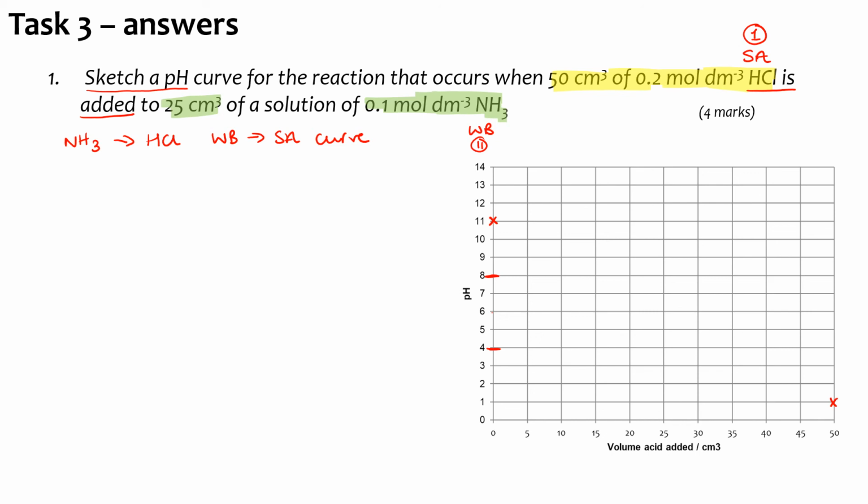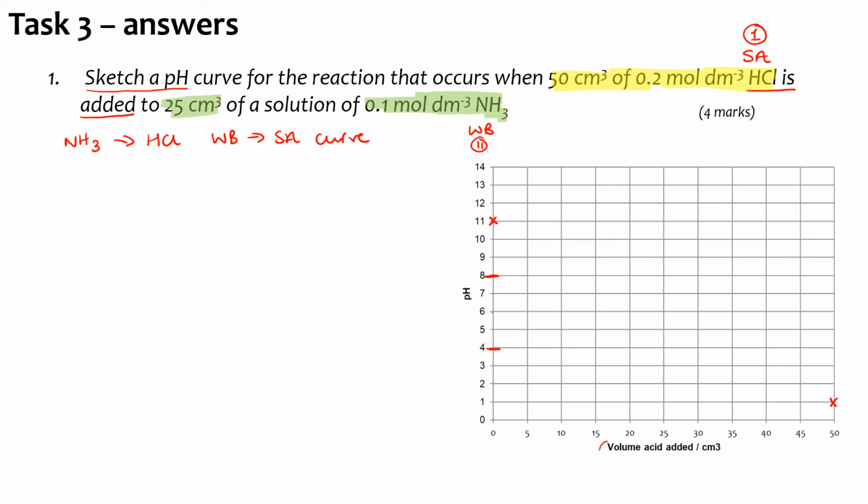So that already is loads of information, and we could just draw a graph in and say, right, done. But they've given us more information for this particular question. They've given us concentrations and volumes. So we need to think about what that tells us and what we can do with this.